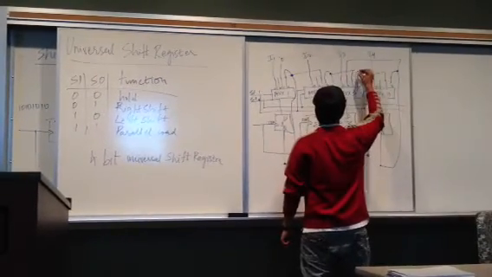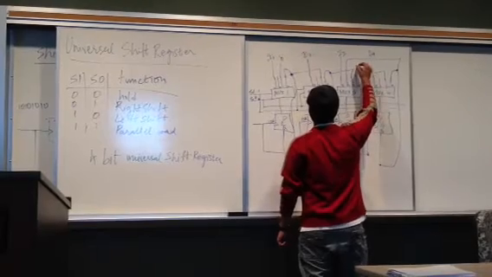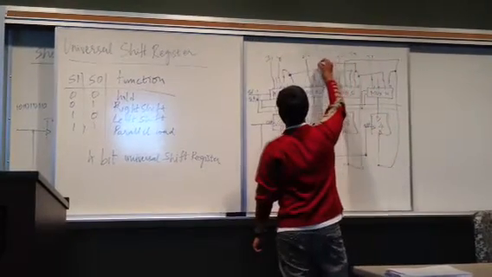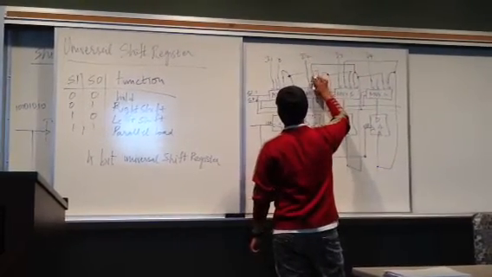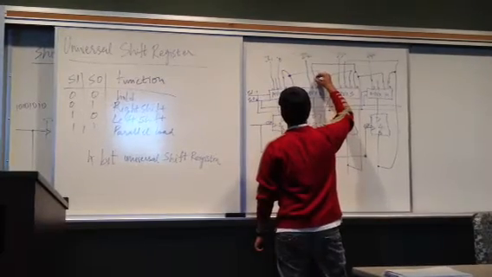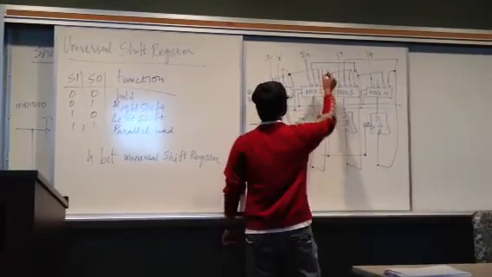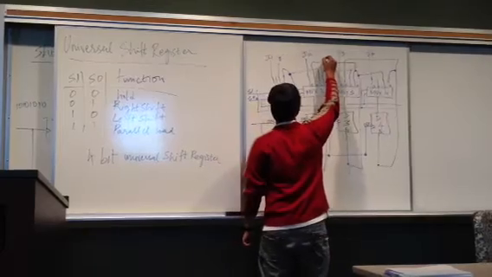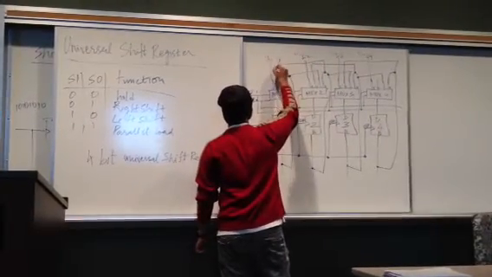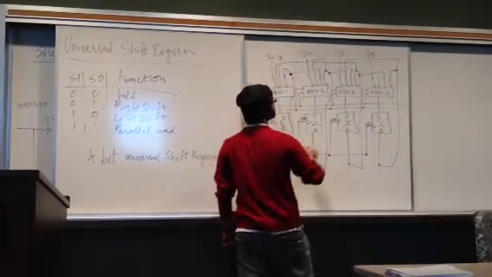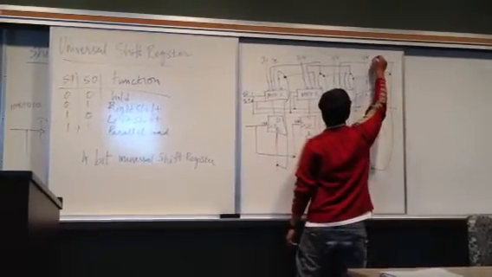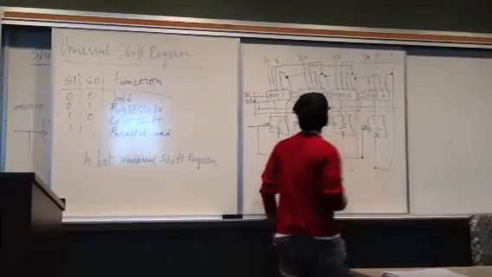The output of this flip-flop should be the input of this flip-flop. The output of this flip-flop should be the input of this flip-flop. And I'm providing an input of a bit 0 over here.